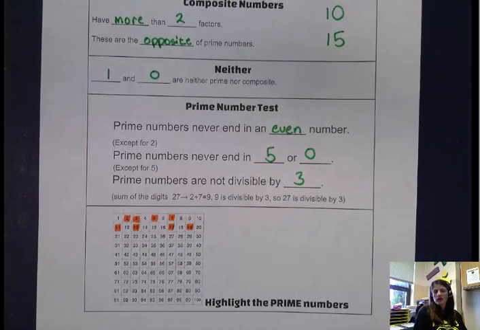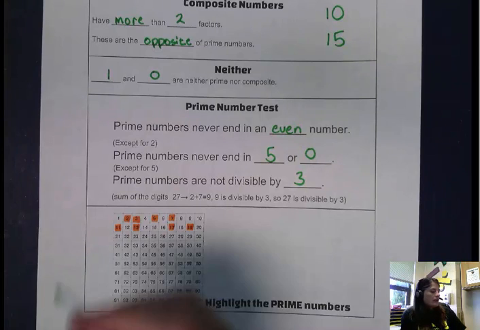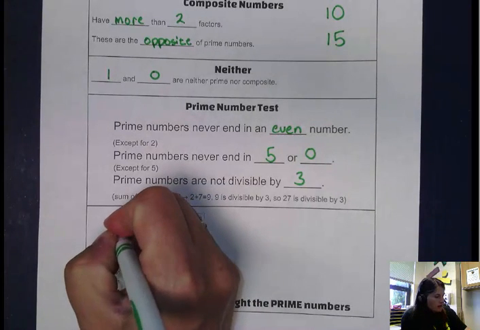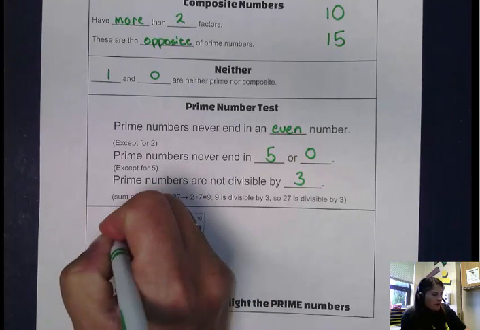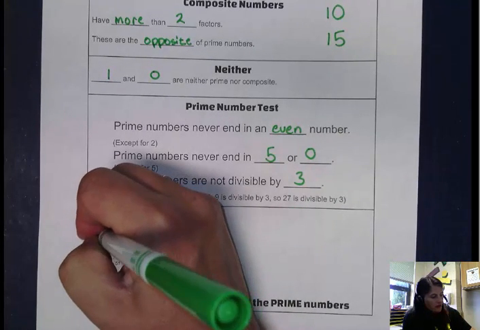So those are all of the prime numbers between 1 and 20. So all of the ones that we did not highlight are the composite numbers.